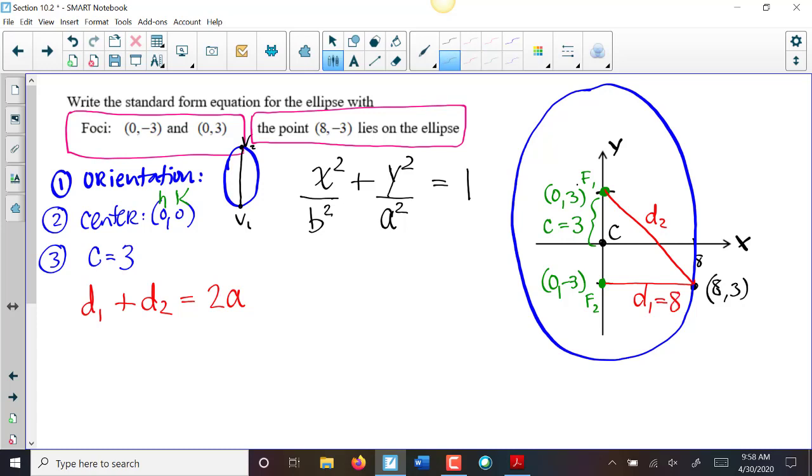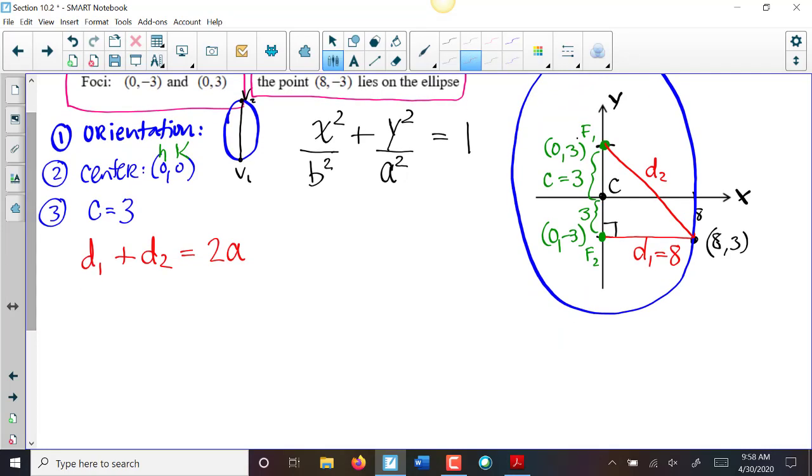I know this is a right triangle, and I know that the distance to each focus point is 3, so the other leg of my right triangle is 6. Sometimes I like to come out of that messy picture and draw my right triangle without some of that stuff cluttering it up.